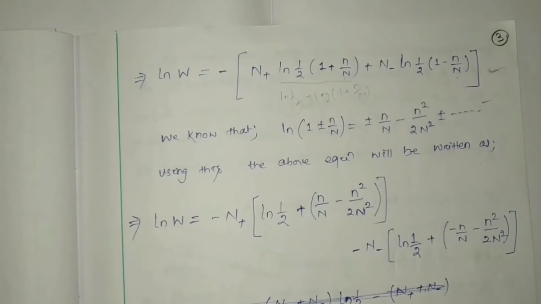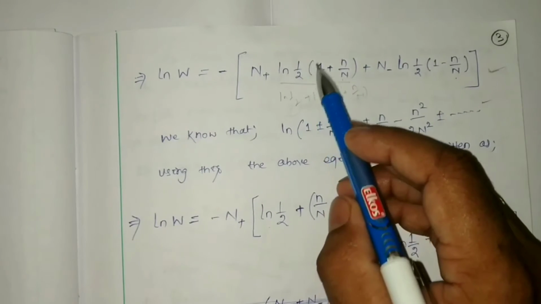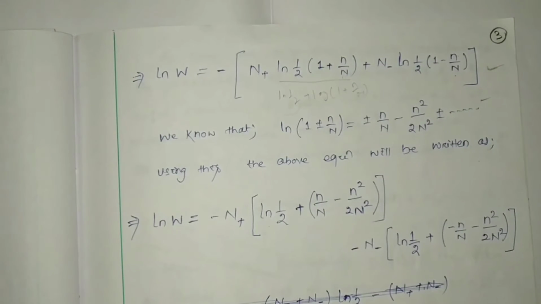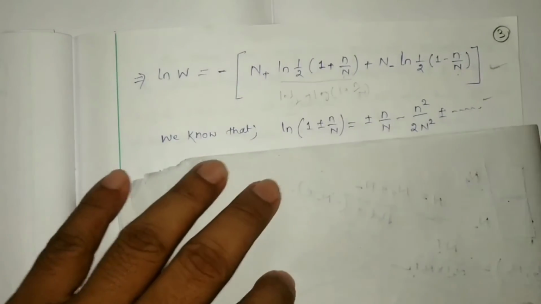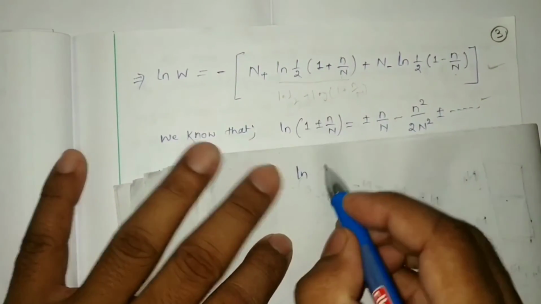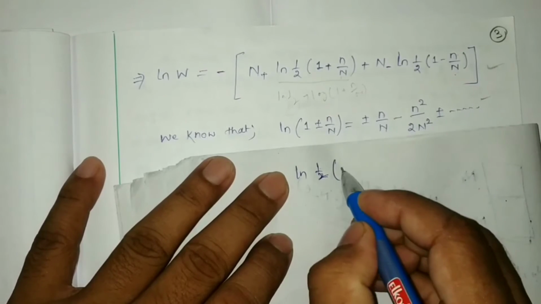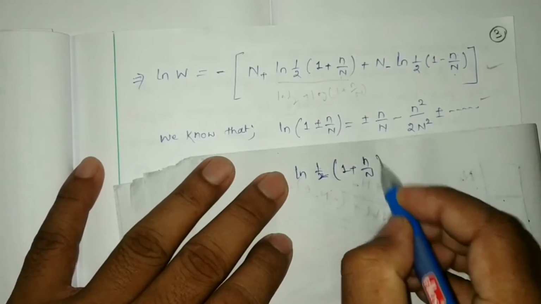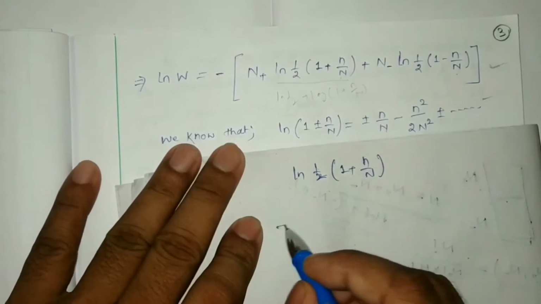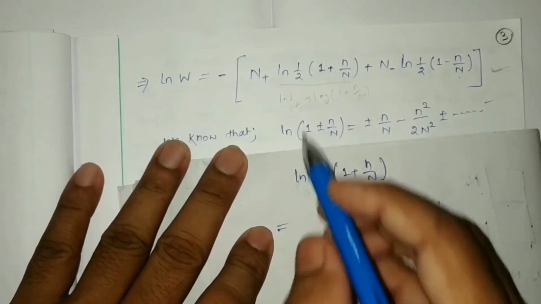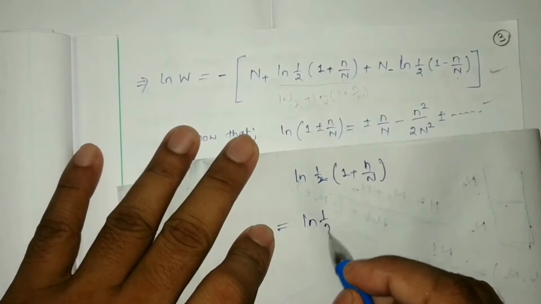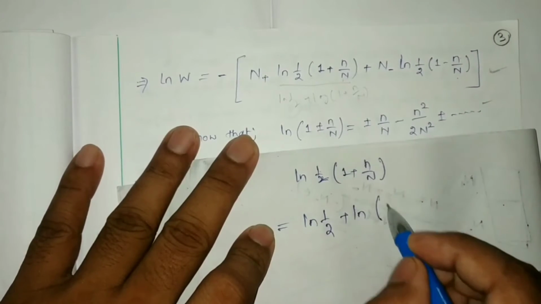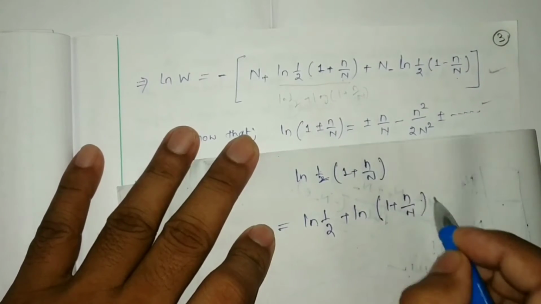See, this ln half into (1 plus n by N) can be written as, ln half into (1 plus small n by N) can be written as, here I am writing, you just watch, ln half plus ln(1 plus n by N).